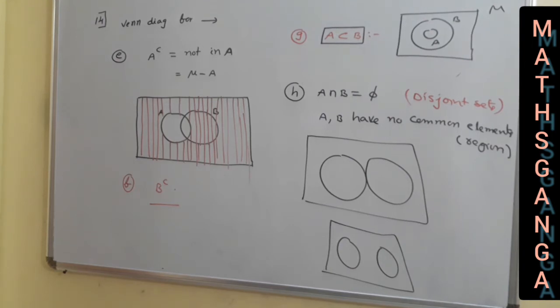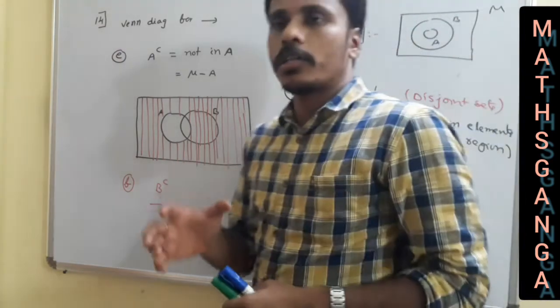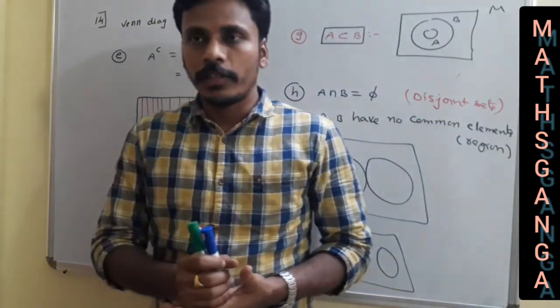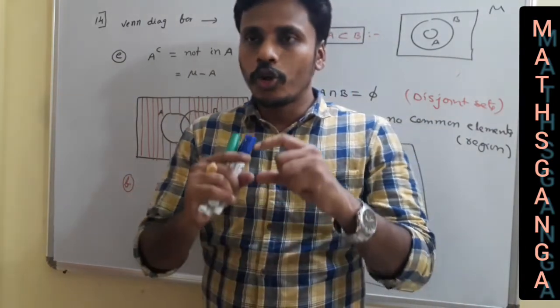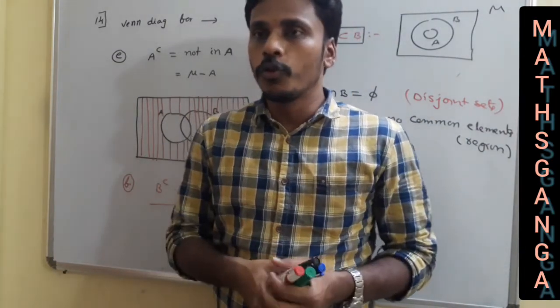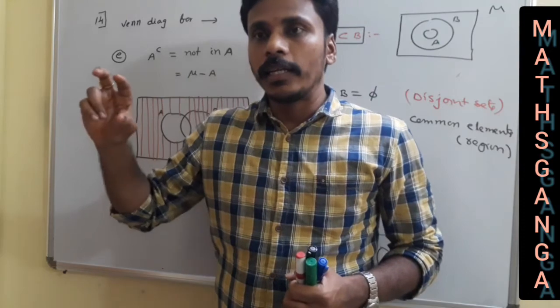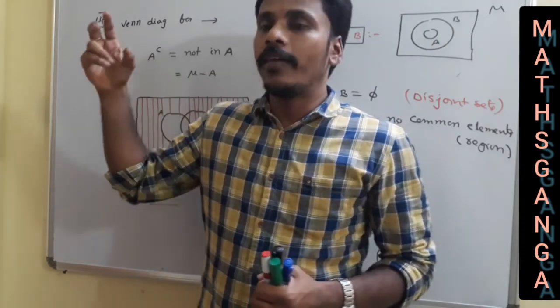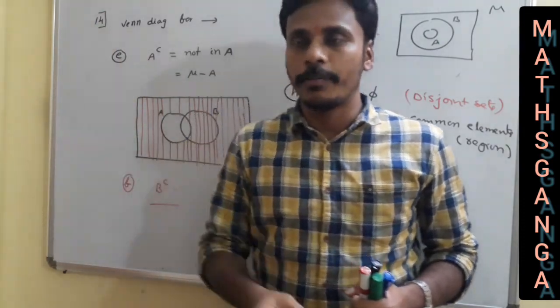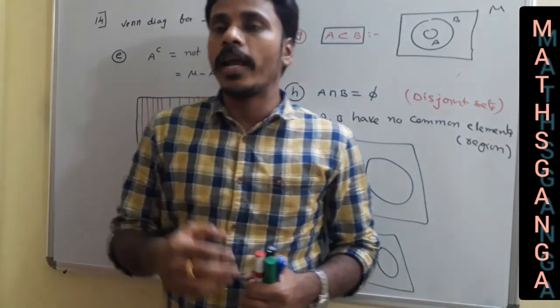For the next point, what I am going to give you is proving different laws of sets. We have different laws of sets. Those laws, those statements, we can prove using either listed elements, like in the 11th point, by taking some examples, or by using Venn diagrams.